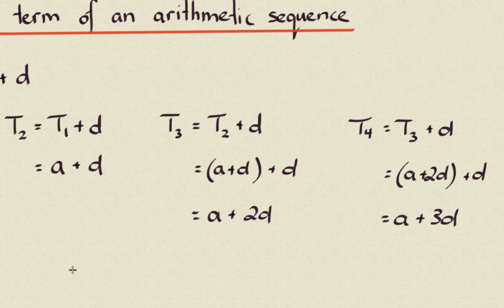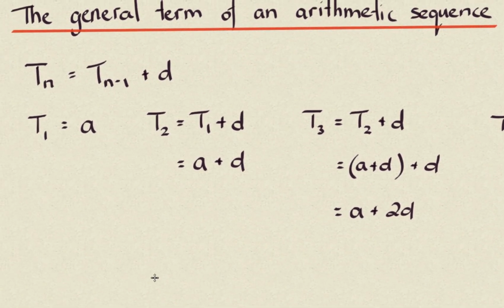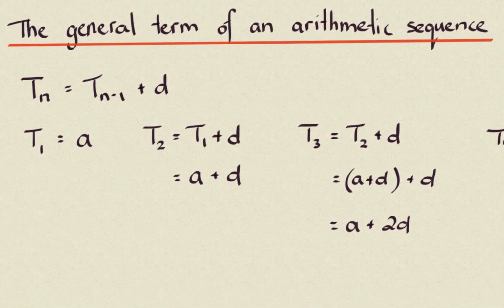So that means we can generalize what we're seeing here to the following. Tn is equal to A, so there's always an A at the start, plus some number times the common difference.